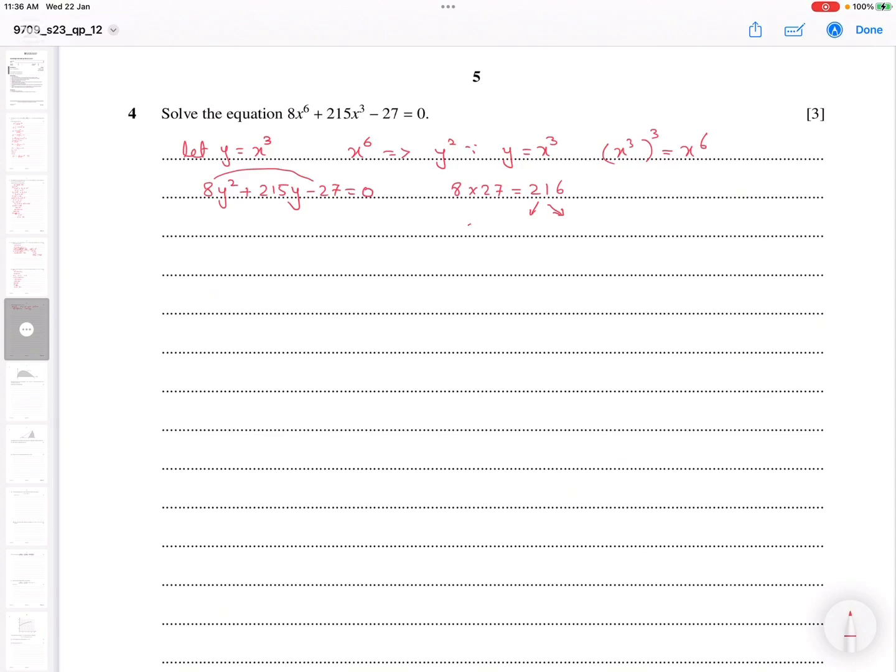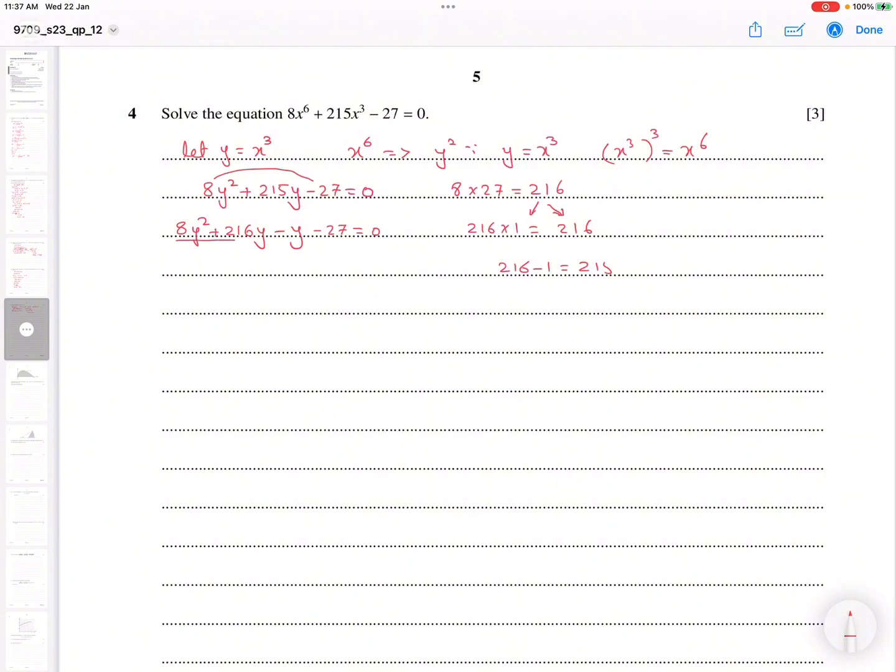So 216 times 1 is 216, and 216 minus 1 gives me 215. So I will use 216 and negative 1. So 8y squared plus 216y minus y minus 27 is equal to 0.